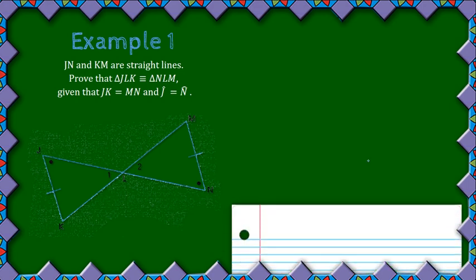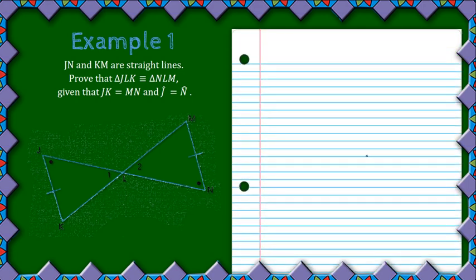For example 1, it says that JN and KM are straight lines. Prove that triangle JLK is congruent to triangle NLM, given that JK is equal to MN and angle J is equal to angle N. As we did in similarity, when we prove congruency, we have to start by stating in which triangles we're working.